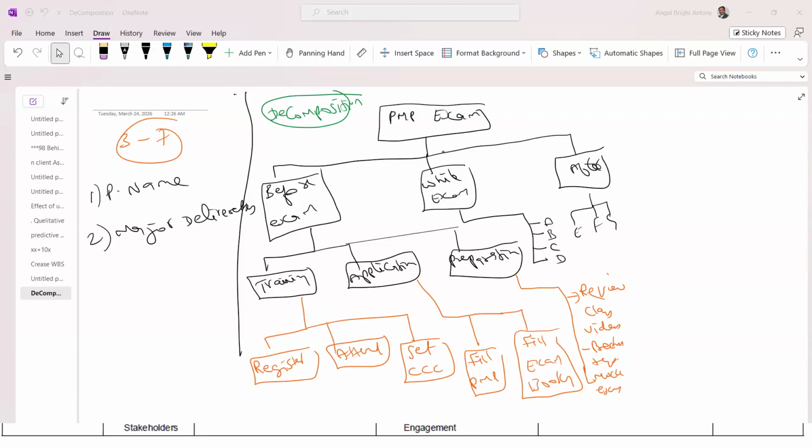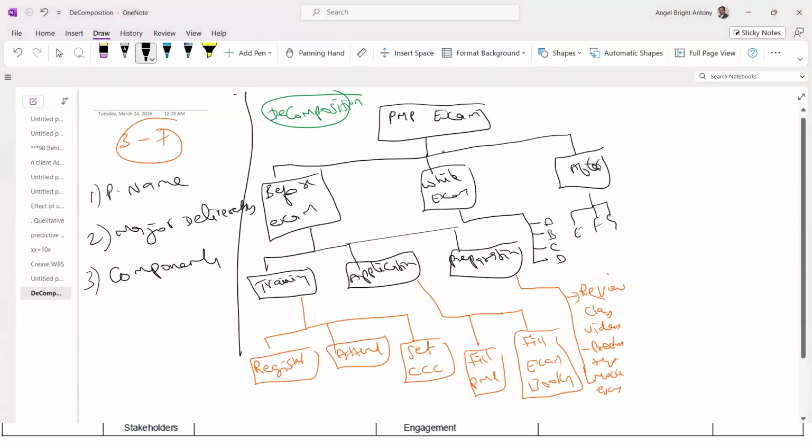So the first 2 levels you usually get from your project scope statement. Then the third level, we call components of the deliverables. What are the components of before exam? Training, application, preparation. And further levels are subcomponents, and so on.